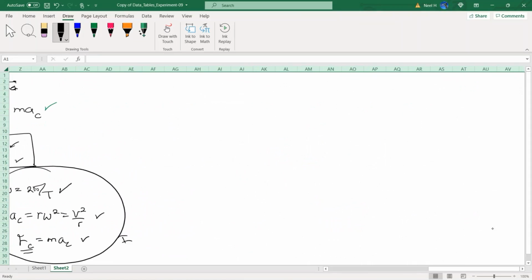We're going to take a string and attach a small object, like a particle, to one end of the string, and to the other end of the string we can attach a hanger. The hanger can hold slotted weights.